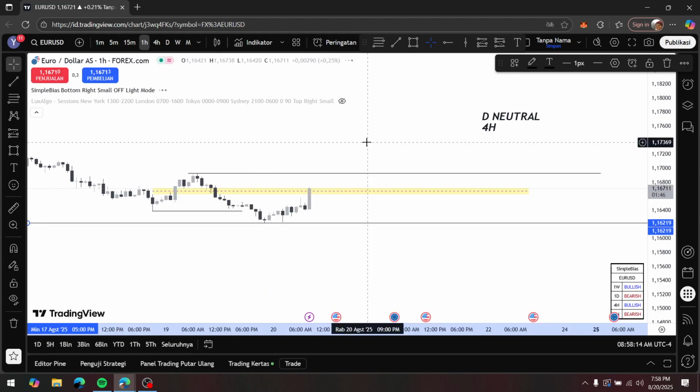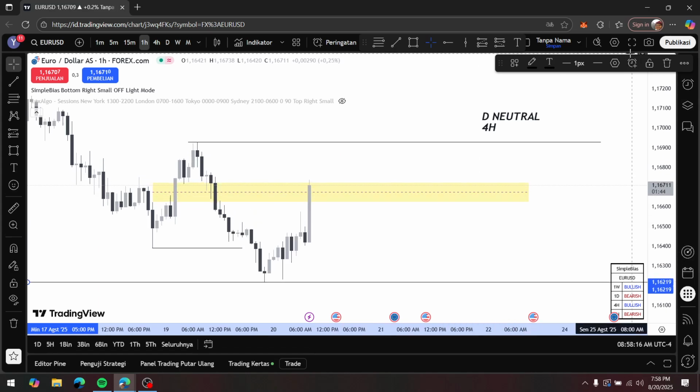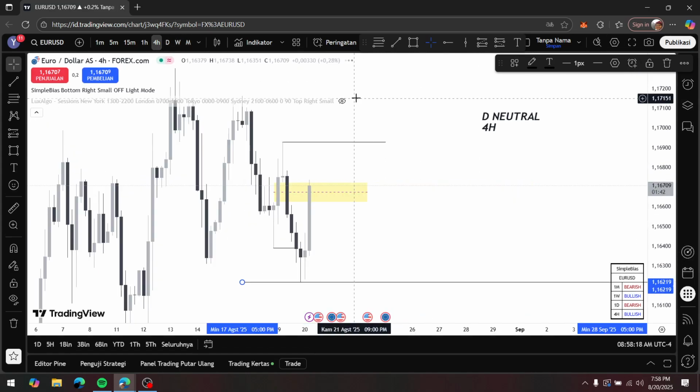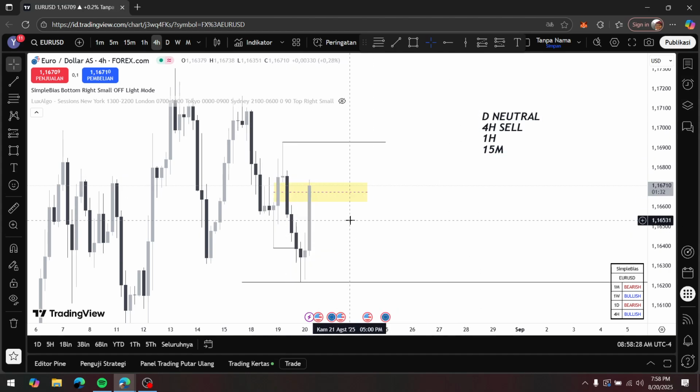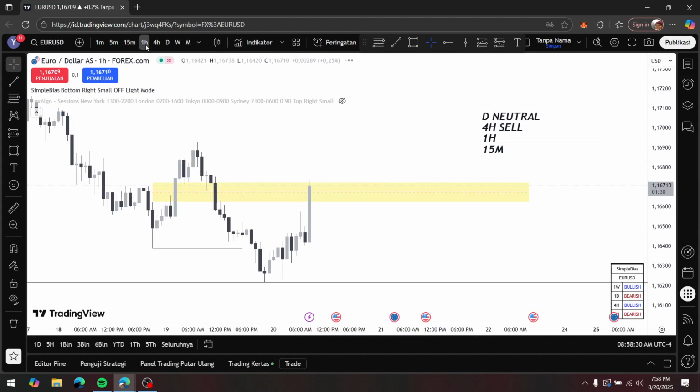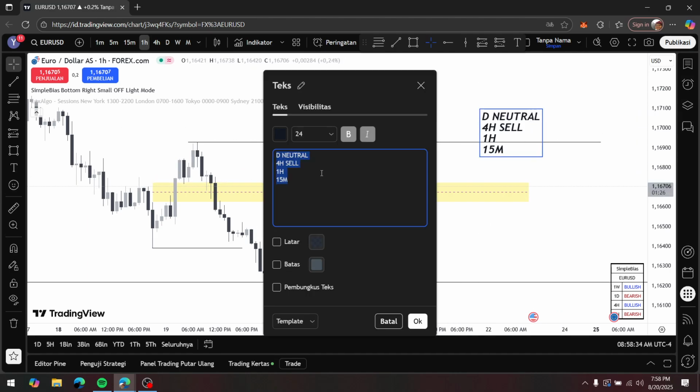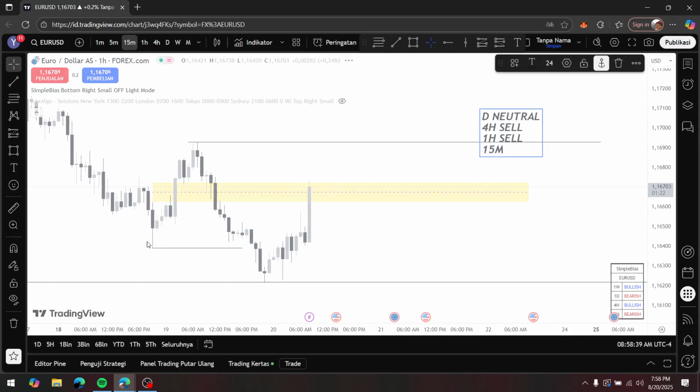So in 1 hour, back to 4 hour, it is a sell. 1 hour and 15 minutes. Okay, we check for the 1 hour, same for me, and 15 minutes.